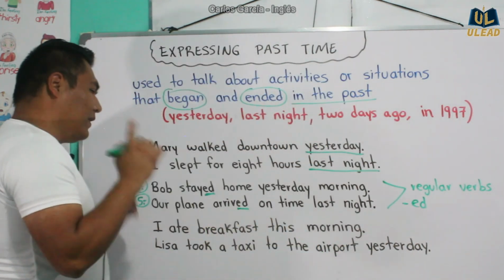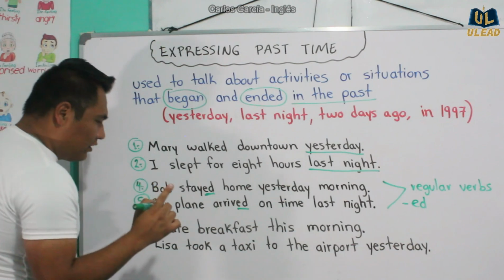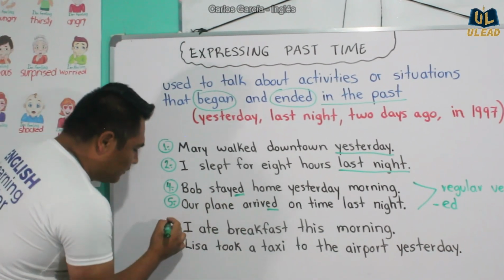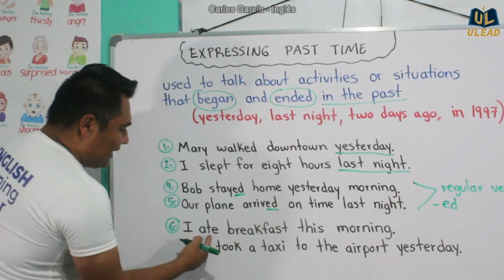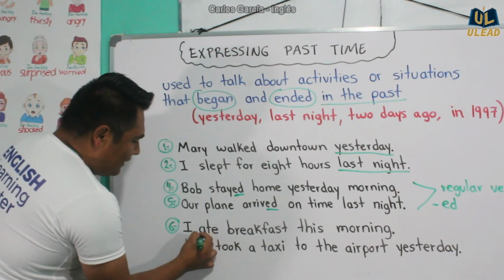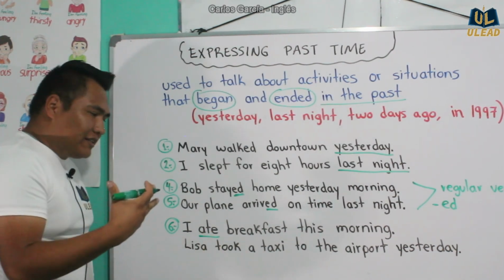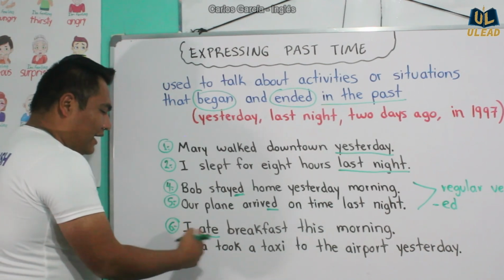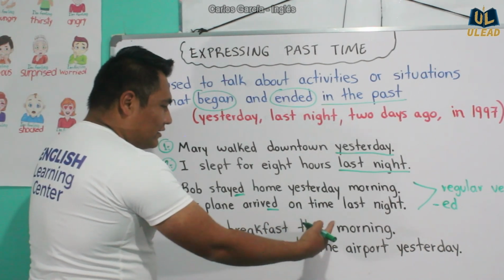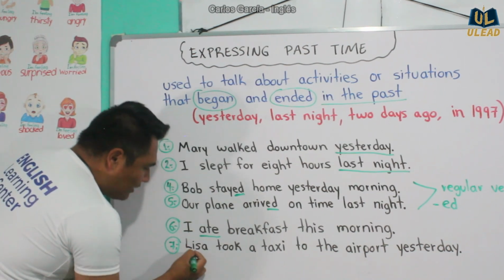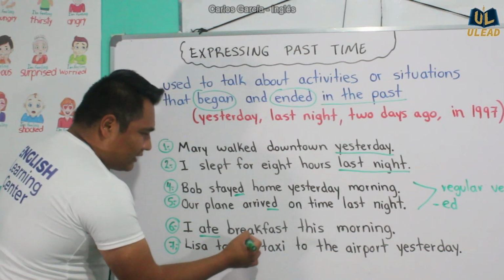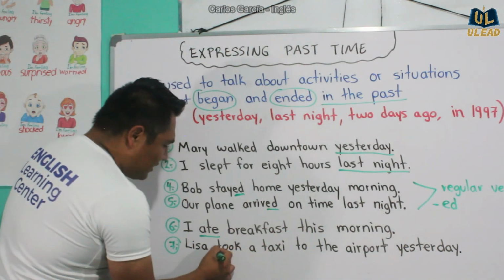Okay, but there are certain verbs, and these are the irregular verbs, that they don't follow that rule. I ate. Ate is the past of eat, right? I ate breakfast this morning. Number 7, for example. Lisa took a taxi to the airport yesterday.